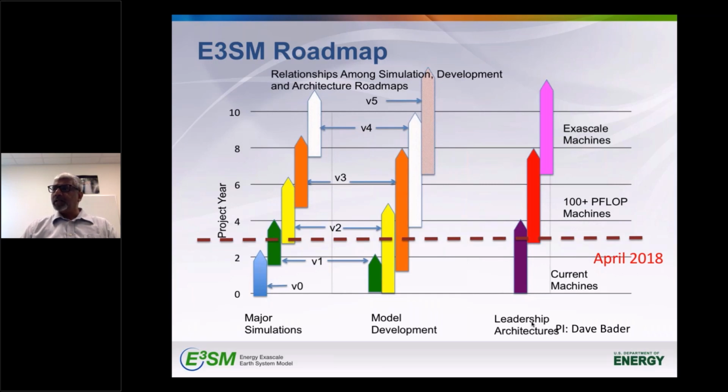So that's the simulations, and this roadmap shows how those different versions of the model map to the different model development activities. And also, interestingly, how do they match up with the roadmap for the leadership computing architectures?